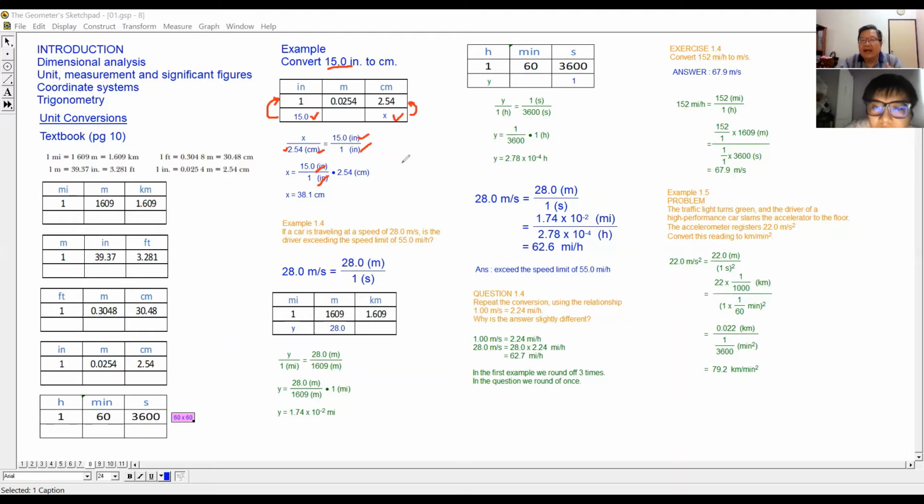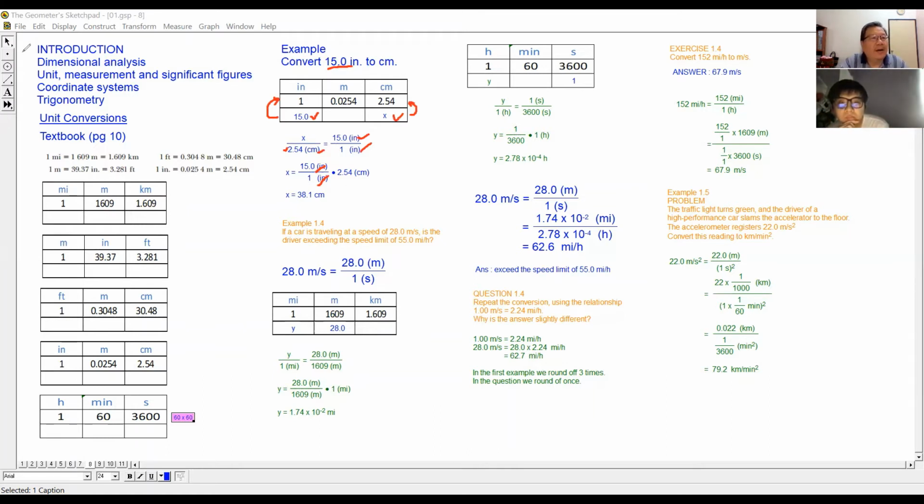Because in physics, if you just tell them the magnitude, the number without the unit, it is wrong.